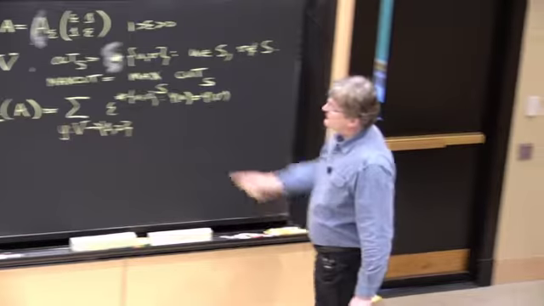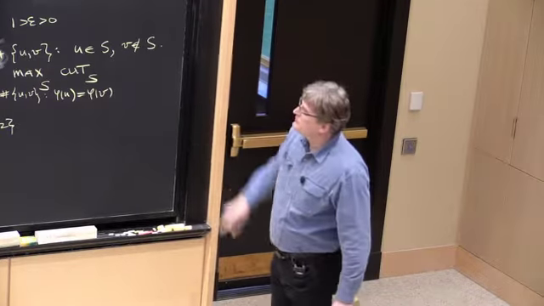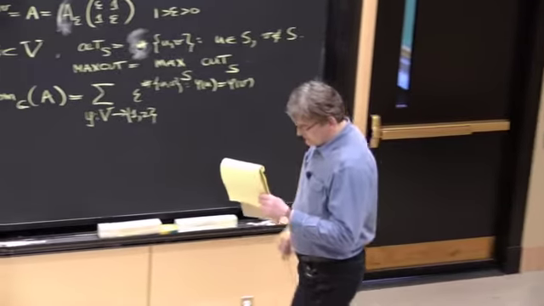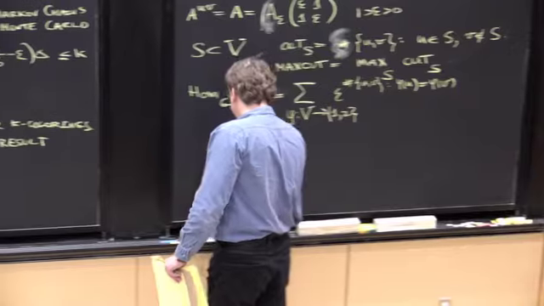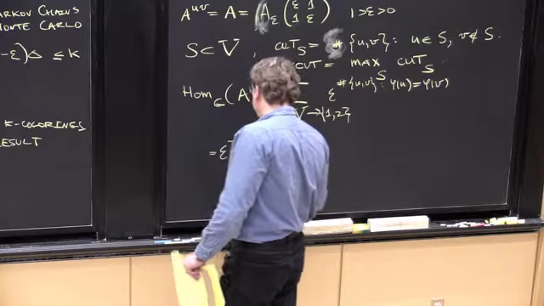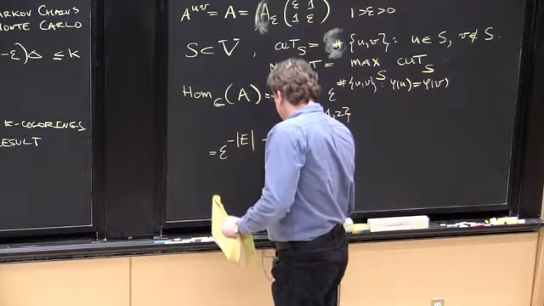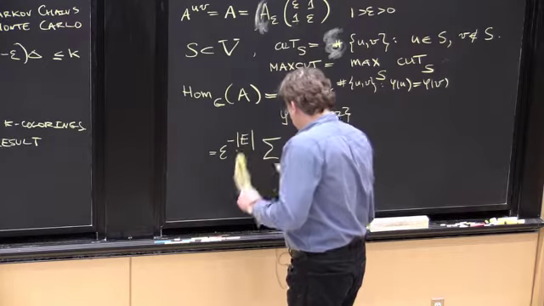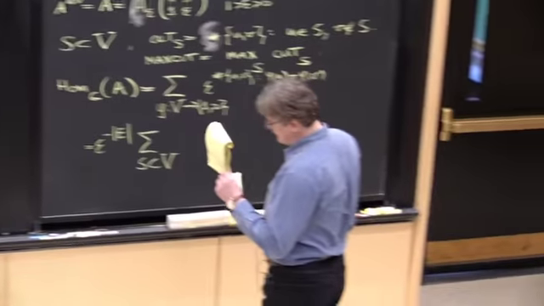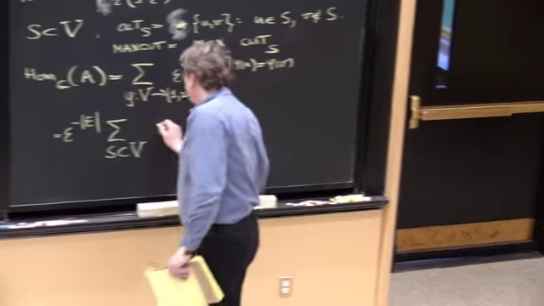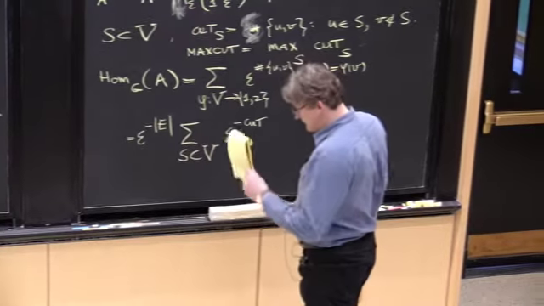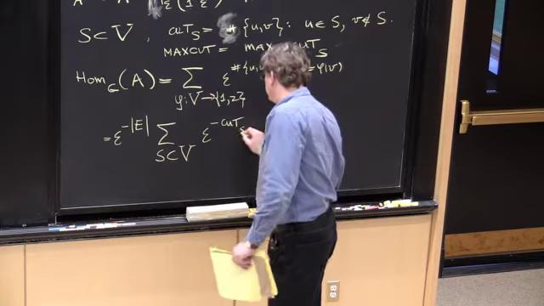But because there are only 2 colors, we can express it in terms of cuts. So we can write it as epsilon to the negative number of edges, sum over all subsets of the vertices, epsilon to the negative cut associated with this subset.